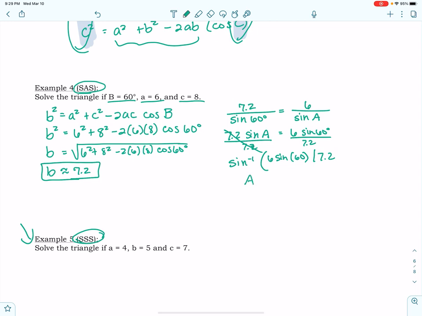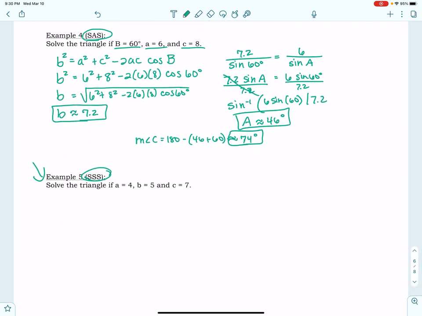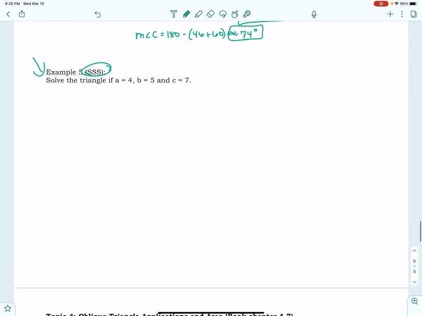And then we get for angle A, approximately 46 degrees. And then, of course, it's really easy to find our other angle because the measure of angle C is going to be approximately 180 minus 46 plus 60, which, of course, here's my approximately symbol, 74 degrees. Neato. See, it's easy.